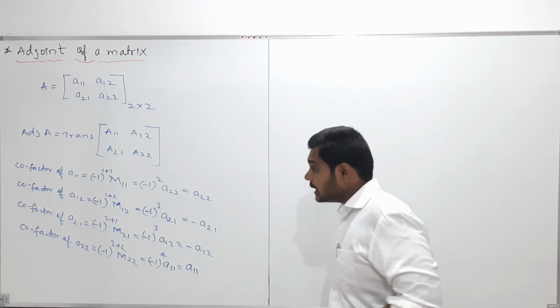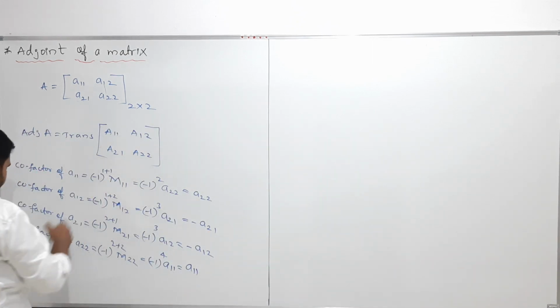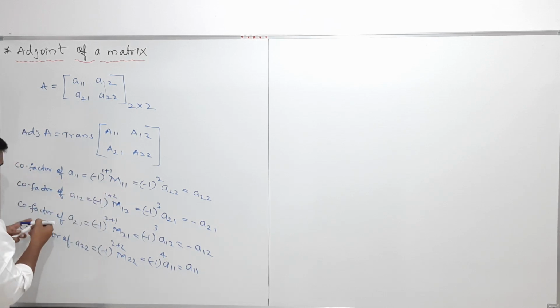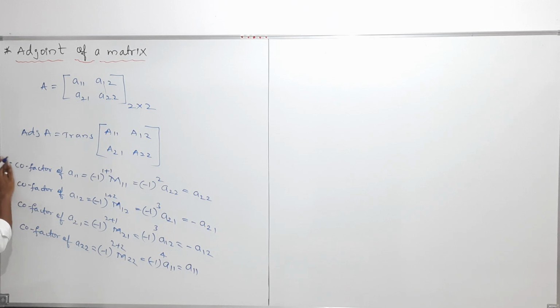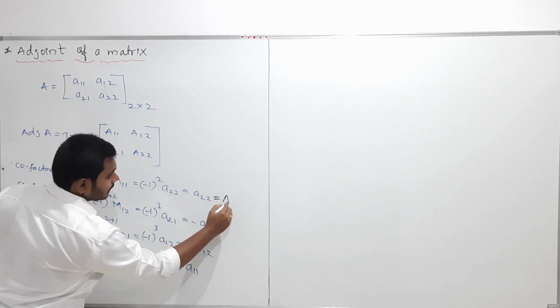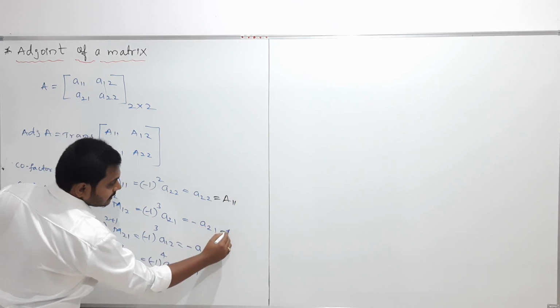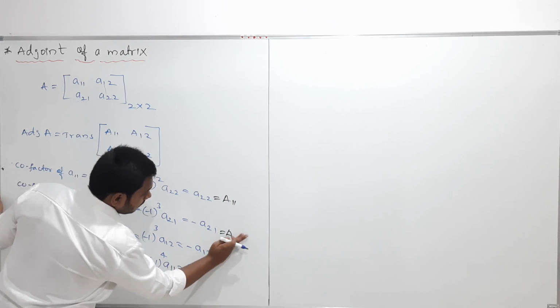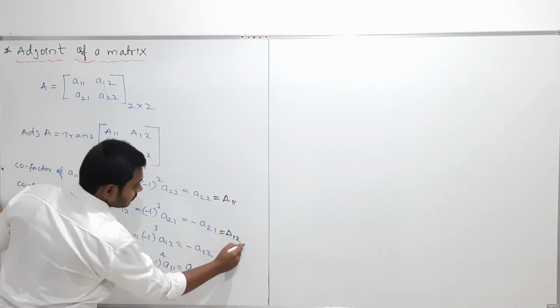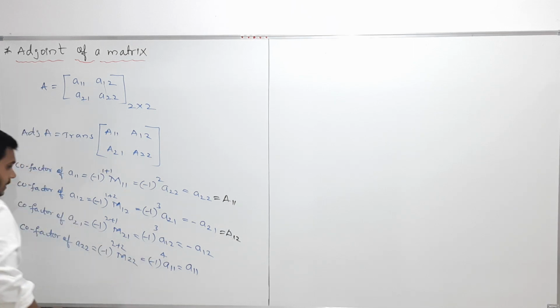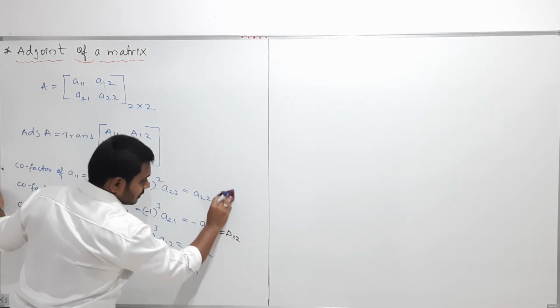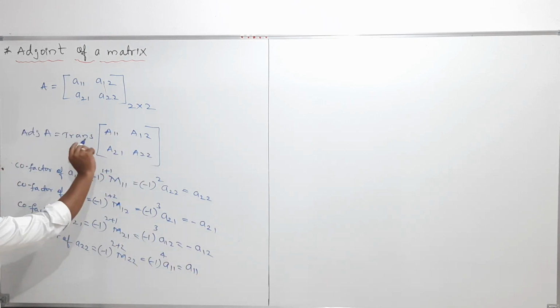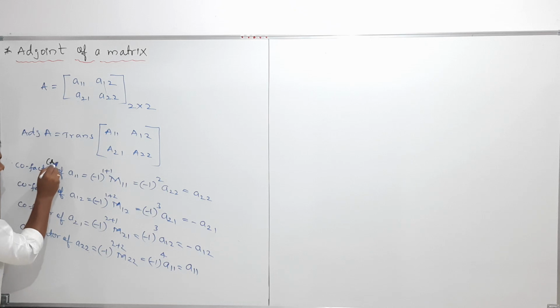Adjoint of A is nothing but the transpose of the cofactors of each element. So cofactor of A11, I can name it as capital A11.